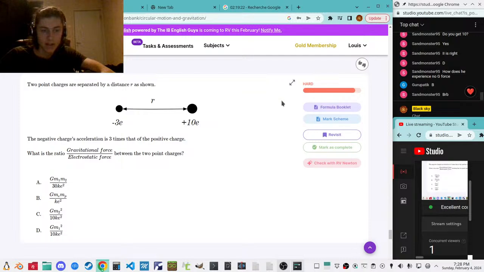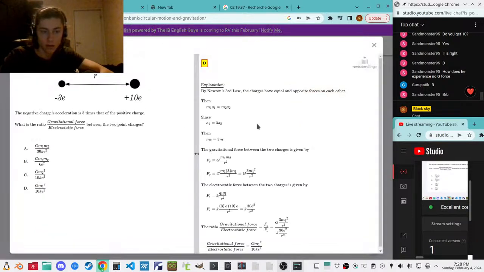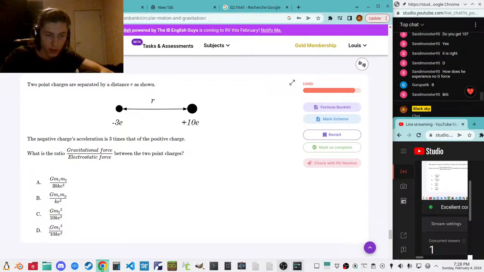What do they mean, the acceleration of the negative charge? Why does it have an acceleration? Do you mean it's g? But also they're point charges, so I don't know what you're on about. GM1. There is no M1. There just isn't an M1.